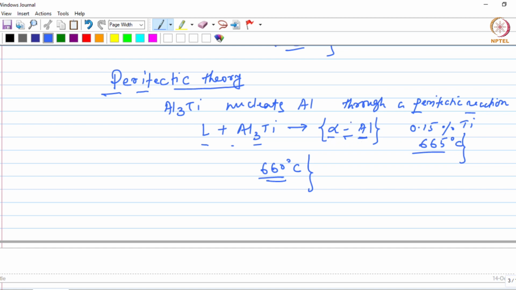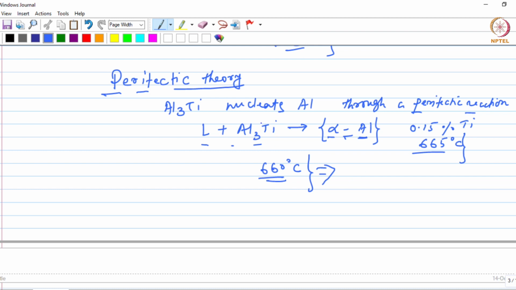That means this alpha aluminium which forms due to this peritectic reaction is actually stable in the liquid aluminium, right? And that is why it will be able to act as the nucleating surface for this pure aluminium, which will form at 660 degrees Celsius, right?